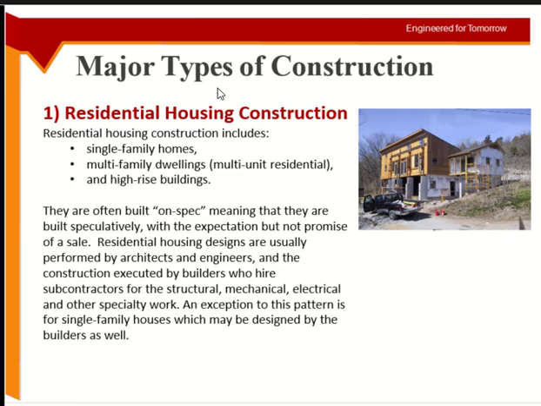They can still be in touch with the client because of the type of work they are doing, but they are on need basis, so they are not hired for the entire project. They can be for structural work, mechanical, electrical, and other specialization works.